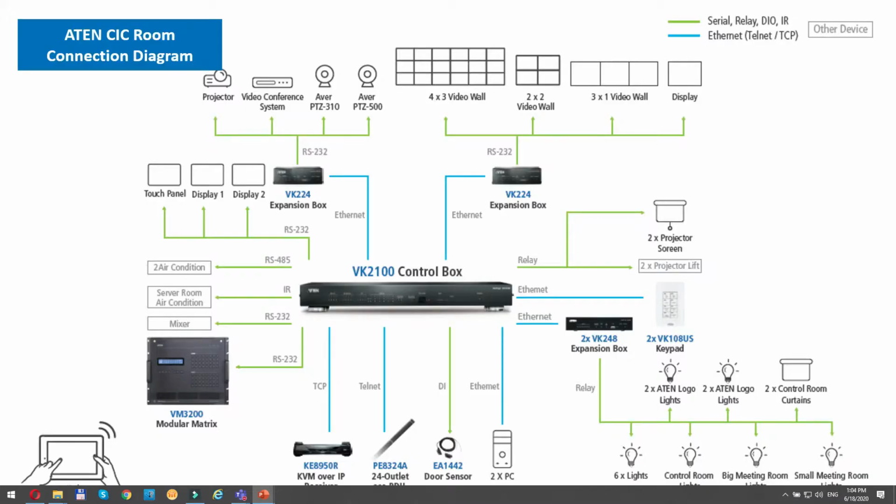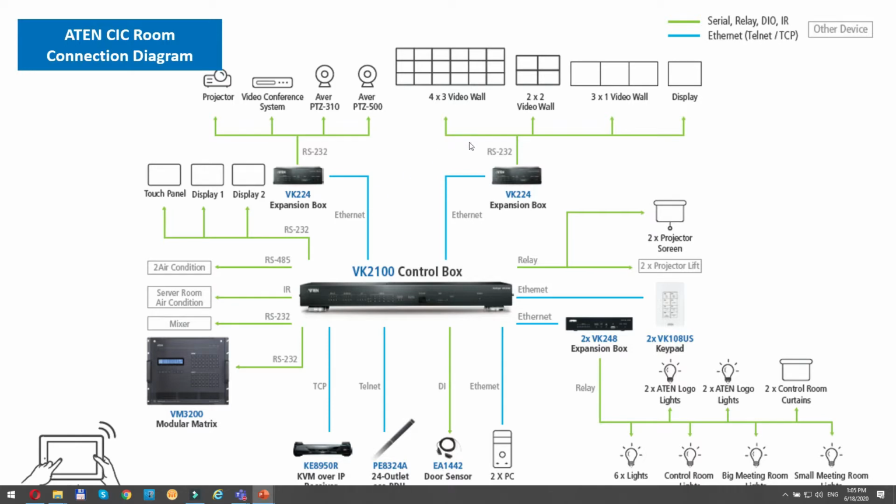Now, this is how one of the rooms that requires a controller from Aten may look. And as I told you, in the VK series we actually have two controllers, the VK2100, which is the big one, and the VK1100, which is a little bit smaller. A room that requires a VK, or can benefit from a VK, has different relays that control, for instance, curtains or lights, also projector screens.